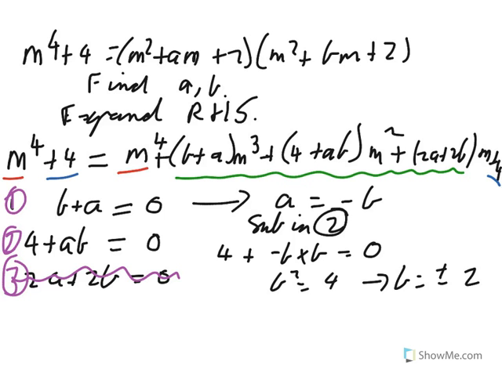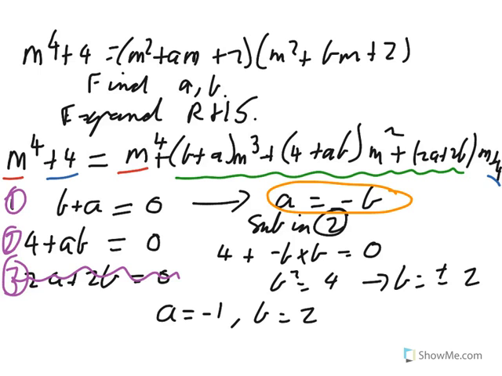Looking at the fact that a is the negative of b from when we rearranged number 1, when b is positive 2, a is negative 2.